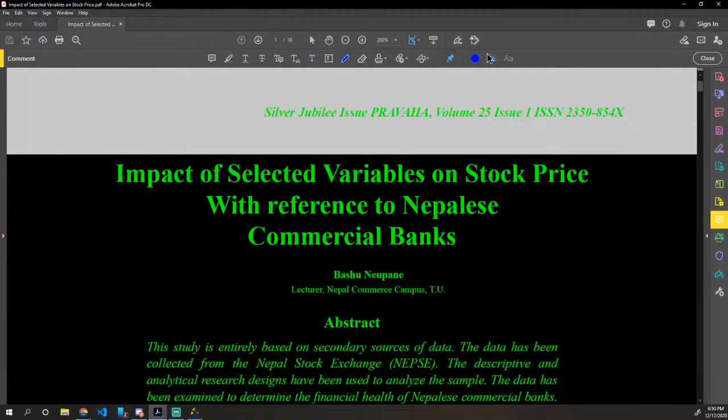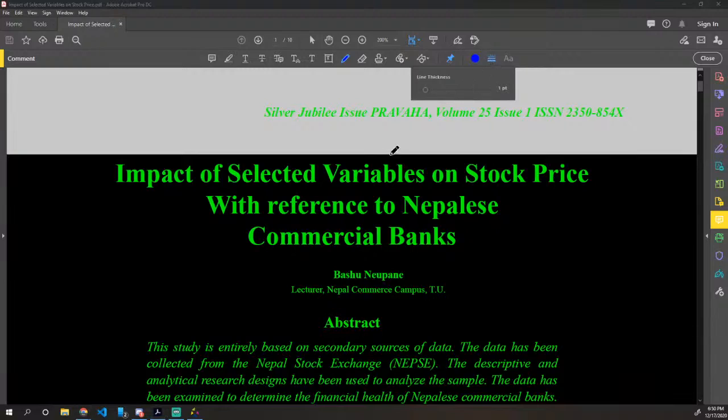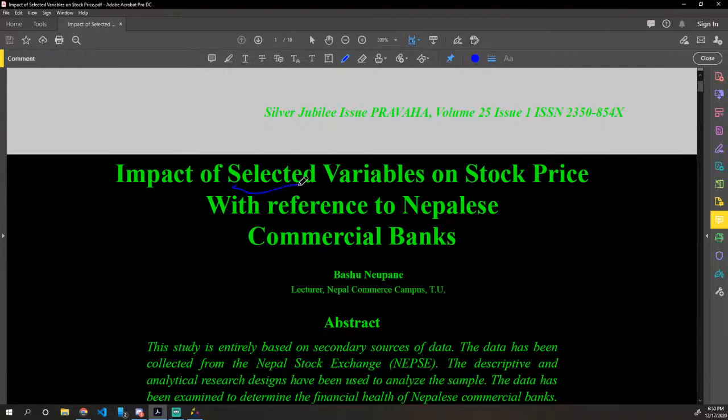Yep, pen. So we will be looking at selected variables. What are the selected variables in the case of Nepalese commercial banks? We don't know that yet.